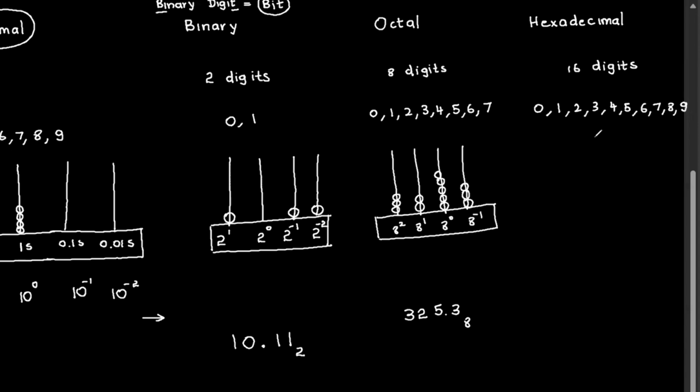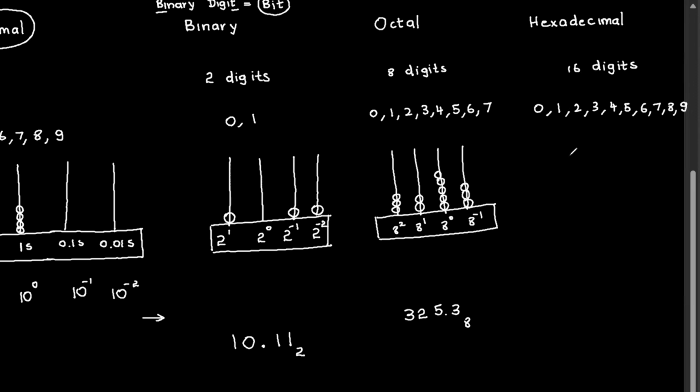For hexadecimal, we use the first six English alphabet letters as the hexadecimal digits. You may get confused about why we are using letters as digits, but here the letters are considered as digits.